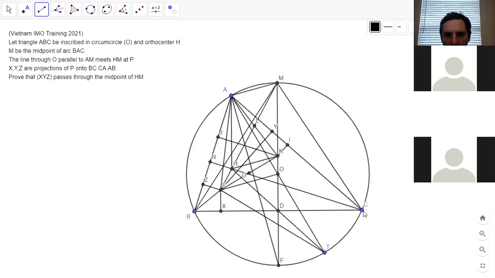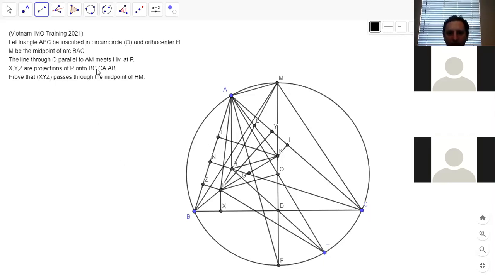So we can calculate angle ACP now. It is equal to angle ANL. So we know that PXY is equal to ACP, so we have PXY is equal to ANL. Similarly, we can show that PXZ is equal to AQL.